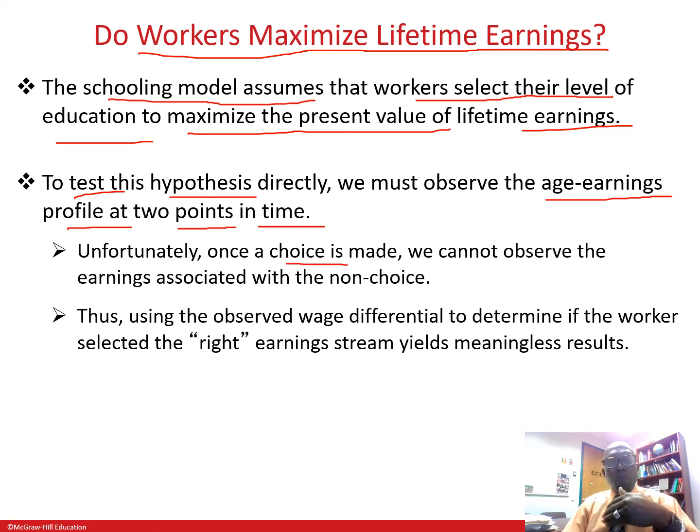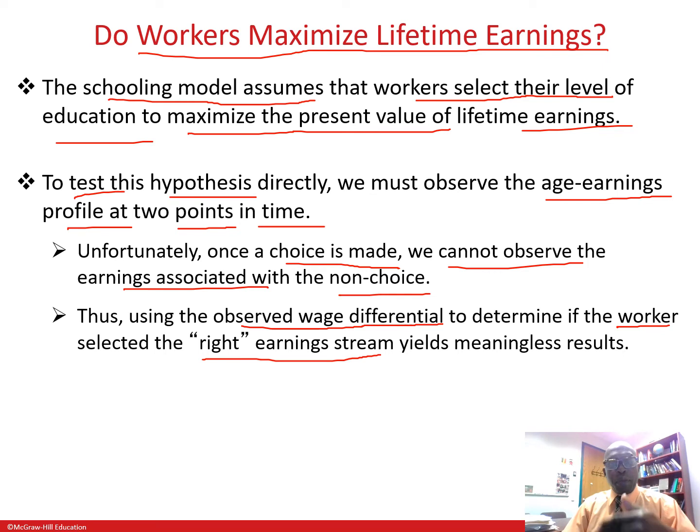Unfortunately, once a choice is made, we cannot observe the earnings associated with the non-choice. Thus, using the observed wage differential to determine if the worker selected the right earnings stream yields meaningless results.